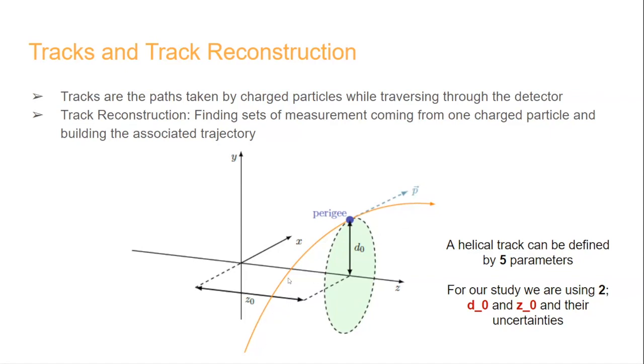The trajectory is the line in orange, with a particle with momentum p. Here, d0 and z0 are the transverse and longitudinal impact parameters. These are the impact parameters that we're interested in for our study, as well as their associated uncertainties, in order to reconstruct the tracks.